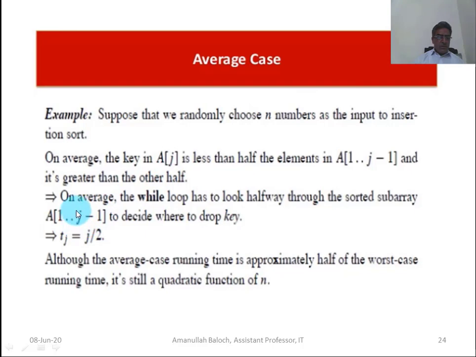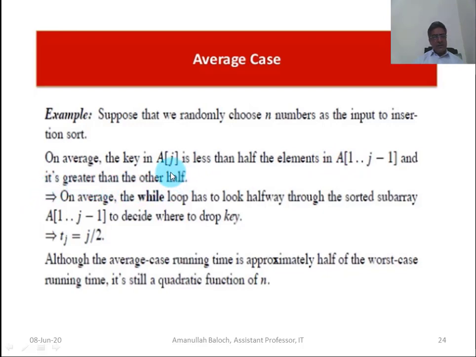So the total time will become Tj equal to j divided by 2. Here you may see, suppose that we randomly choose n numbers as the input to insertion sort. On average, the key A of j is less than half the elements in A of 1 to j minus 1 and is greater than the other half.